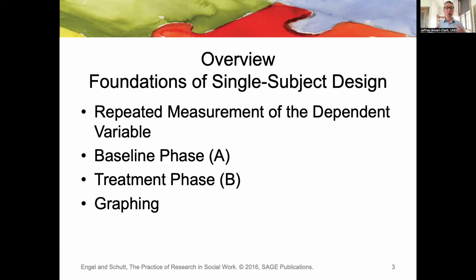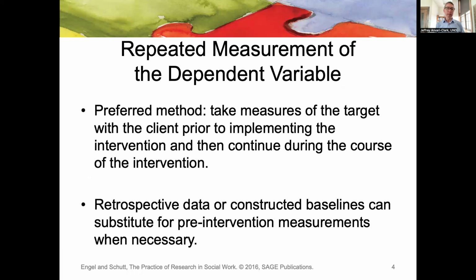And then we want to graph it. And graphing can be a really helpful way of understanding how this change took place. So with that, we want to be able to, as I said, take these repeated measurements over time.